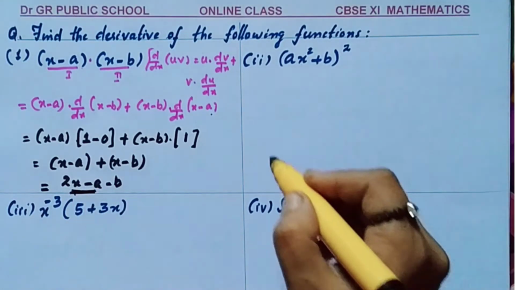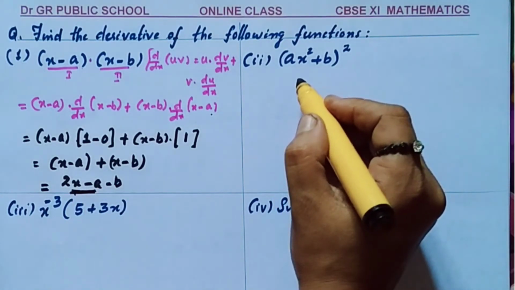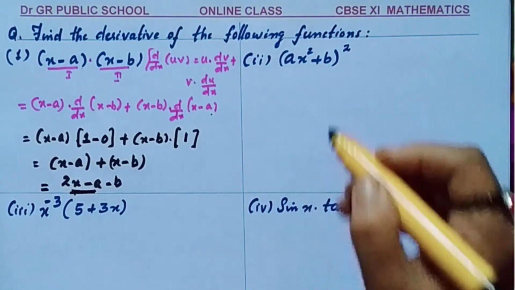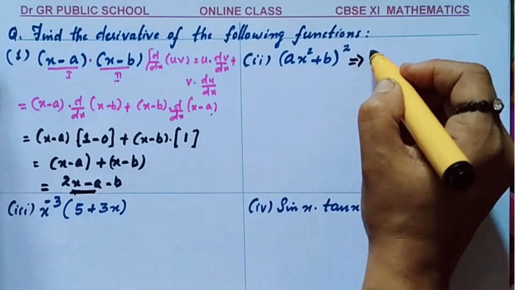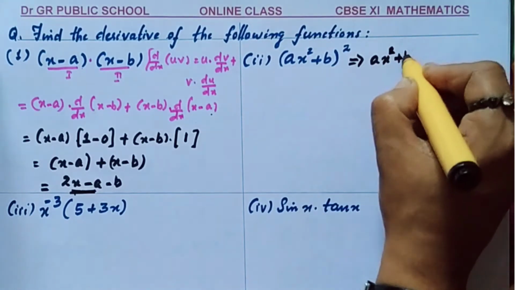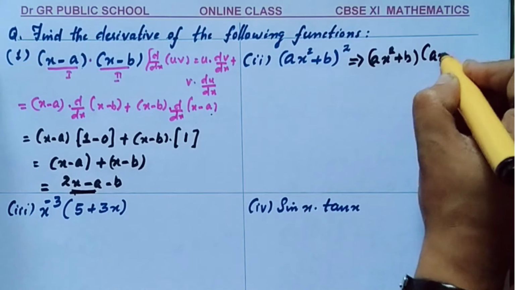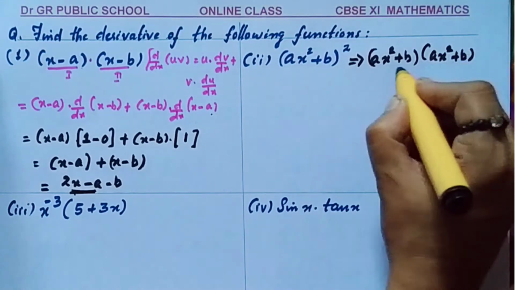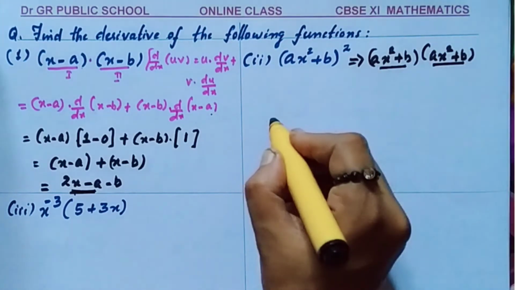Come with another question. How to find the derivative of ax square plus b the whole square? Ax square plus b the whole square can be written as ax square plus b into ax square plus b. Think of it as two functions. This you can take as the first function, this is the second function.